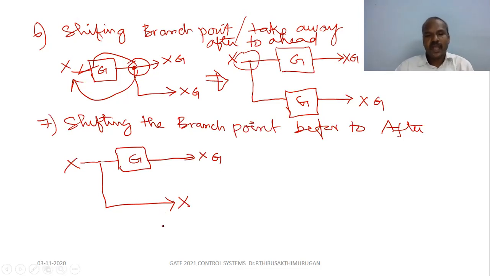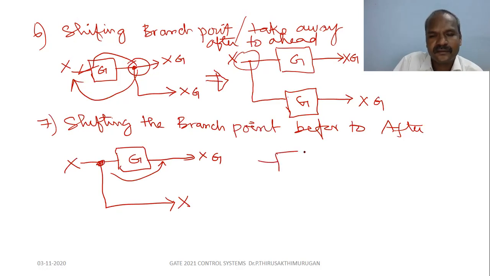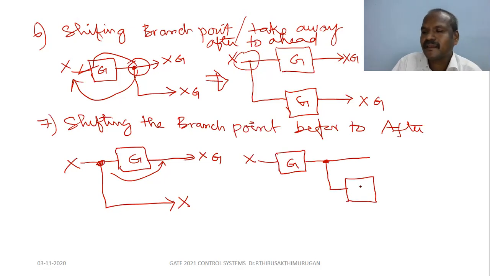If we shift this point to after the block, so what happened? After G, X. So when we shift after the point, see 1 by G, this is X, this is XG, 1 by G, XG, this will not be altered.